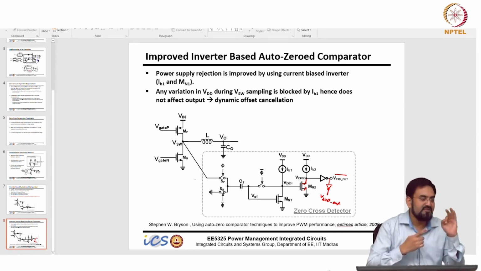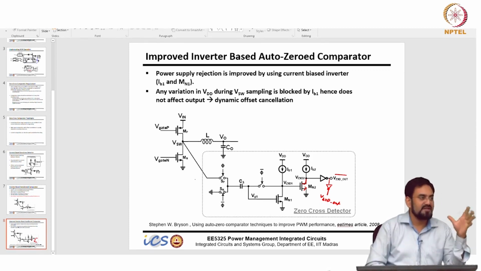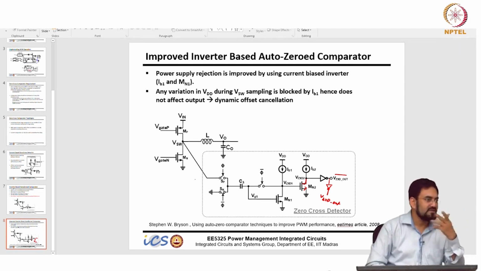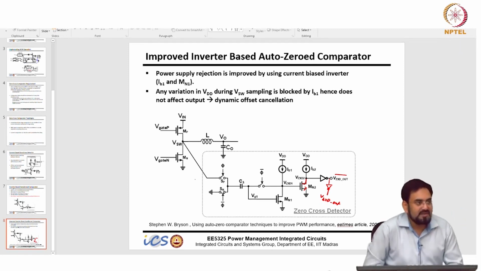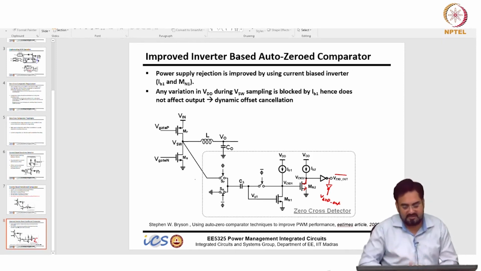But one thing you have to make sure is that you always monitor the minimum duty cycle. Okay, so if your minimum duty cycle occurs before whatever threshold for the load current you have defined, then you are forced to enter, otherwise you cannot regulate the output. Okay, sometimes you use both, combine the two and use that.